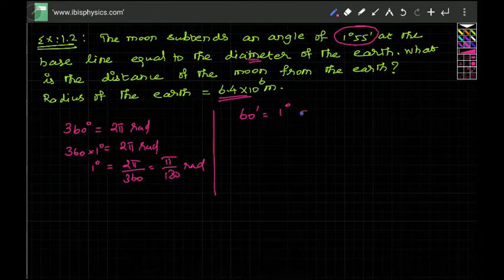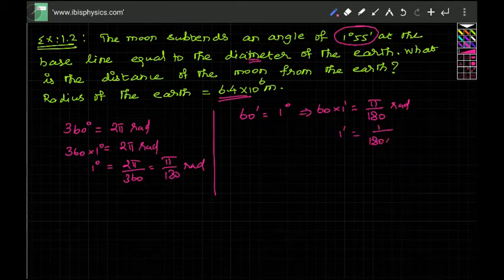So 1 degree equals pi by 180 radians, and 1 minute equals pi by 180 into 60, which is roughly 2.907 times 10 power minus 4 radians. But we won't prefer that.